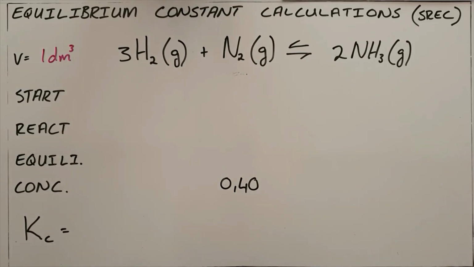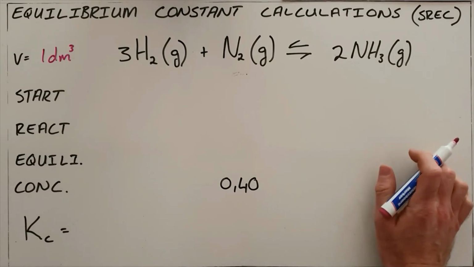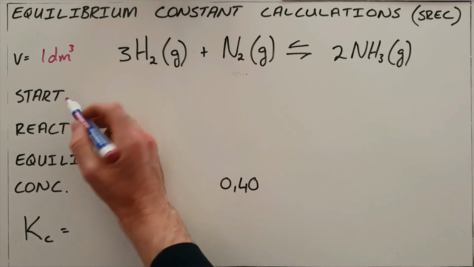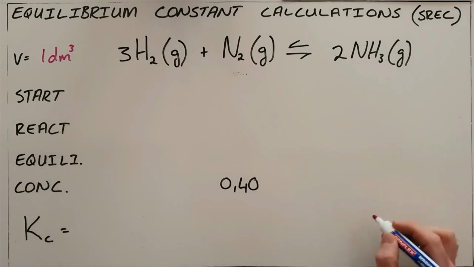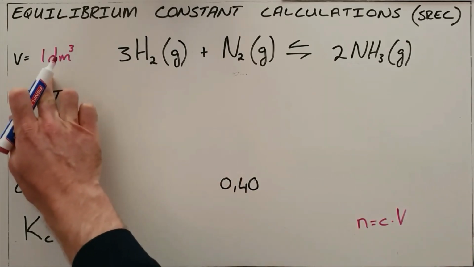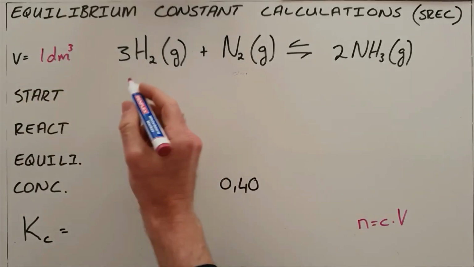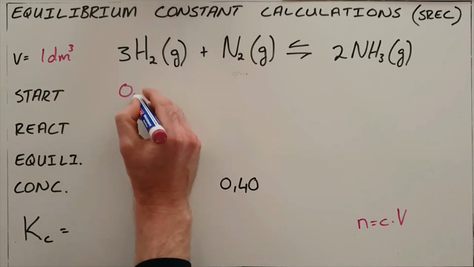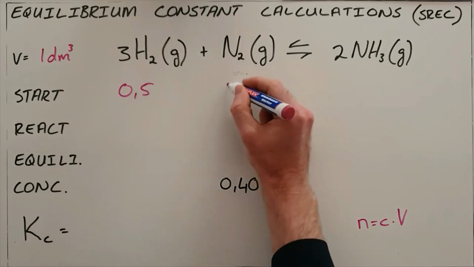Then this question reads, at a certain temperature, solutions of nitrogen, hydrogen, and ammonia, each with concentrations of 0.5 molar, are placed in a sealed container. What that tells us is that since the concentration is 0.5 molar, and we know that number of moles is equal to concentration times volume, and since we've selected an easy volume, we can directly convert those initial values to numbers of moles.